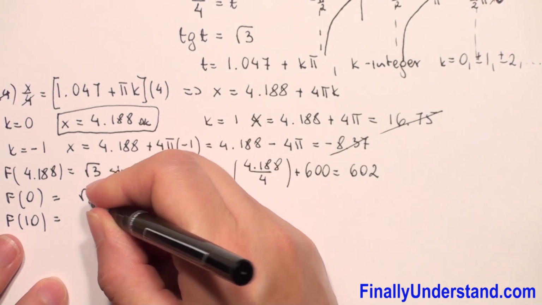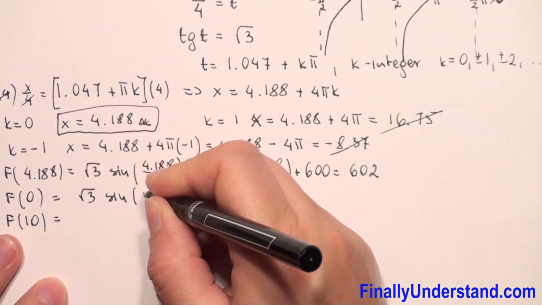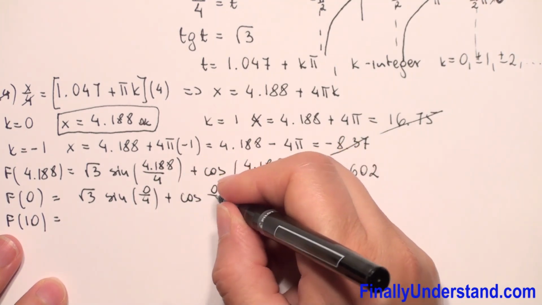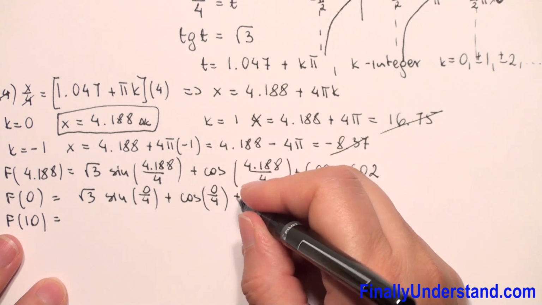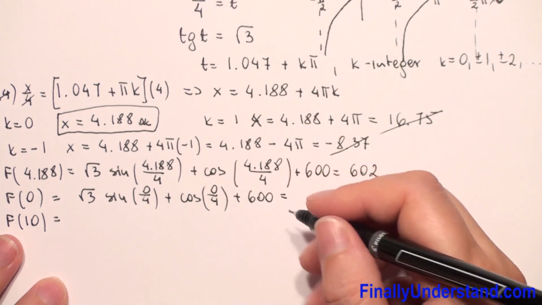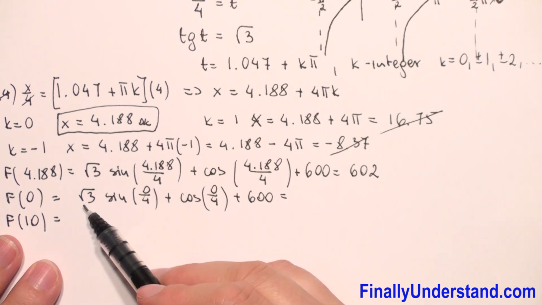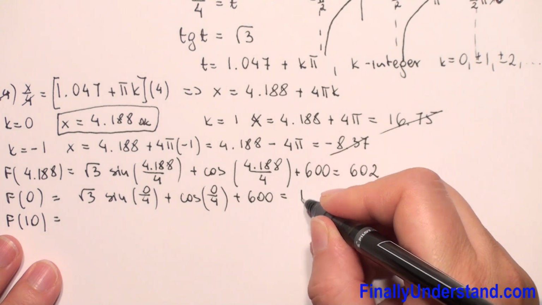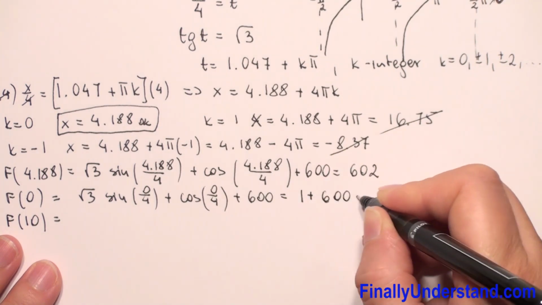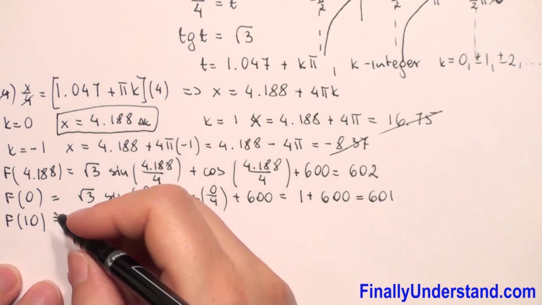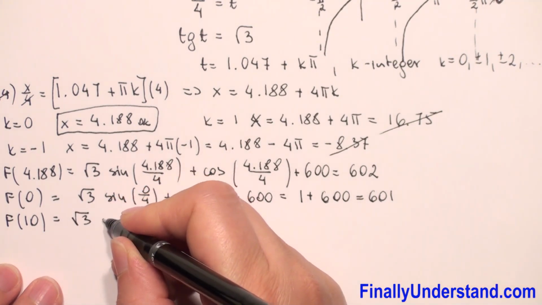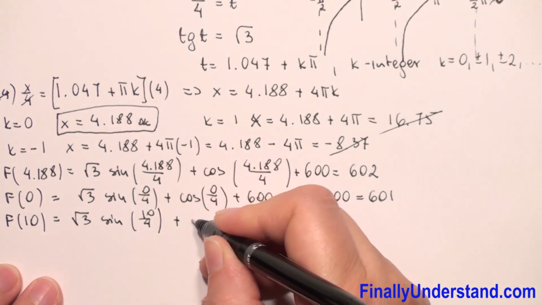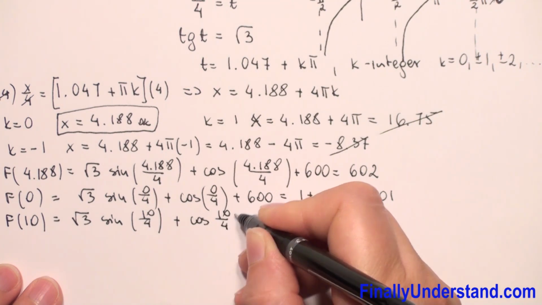So we have square root of 3 sine 0 over 4 plus cosine 0 over 4 plus 600. Sine 0 is 0, so 0 times square root of 3 is 0. Cosine 0 is 1 plus 600. This is equal 601.